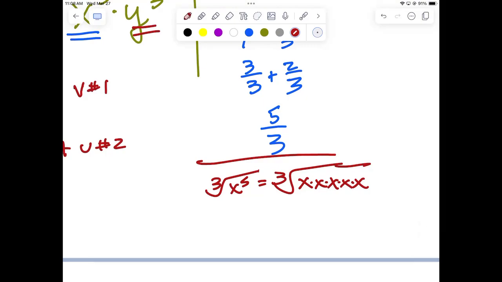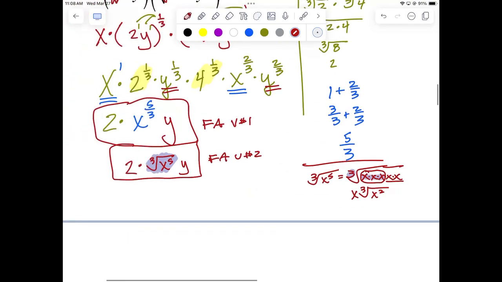How many factors of one type on the inside does it take to make one on the outside? It's a cube root. It's 3, right? So it takes 3 on the inside. So I can pull one of those x's out and leave the other 2 left on the inside. So you could also write this as x cube root of x squared and then y off to the side.